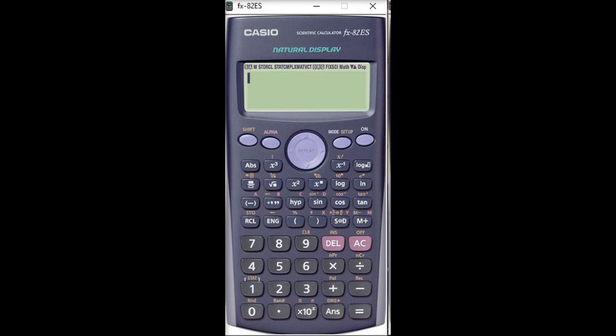For example 2, 8 divided by cos 40 equals. And for example 3, tan 70 times 4 equals.